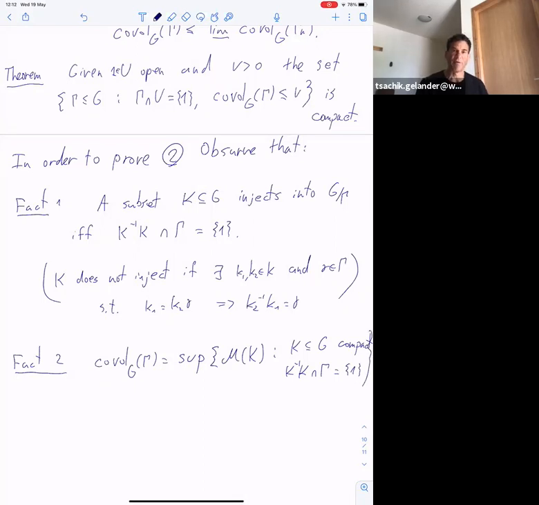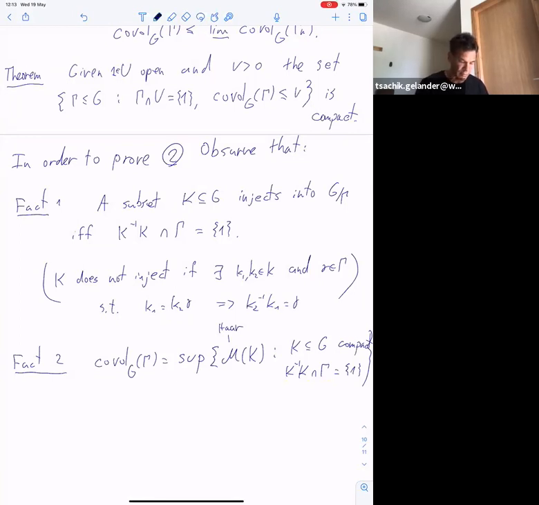You see that, right? Because the co-volume of gamma is the Haar measure of the fundamental domain, which is the supremum of the Haar measure of compact subsets of the fundamental domain. And K is inside the fundamental domain if and only if it satisfies this condition. This is by fact 1.